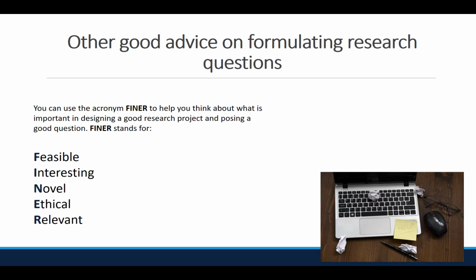Relevant. Relevance is like a more specific kind of thinking about why your research is interesting to other people in your field. How will the answer to your question specifically help patients or practitioners? For example, you might want to look at how body weight is discussed or portrayed in a particular teen magazine.